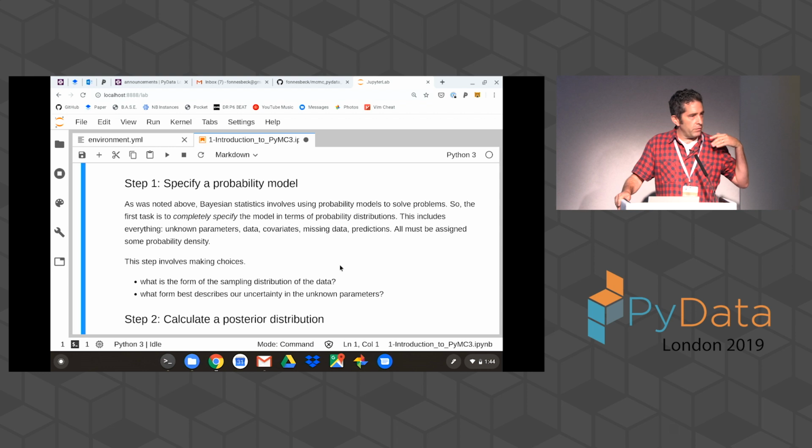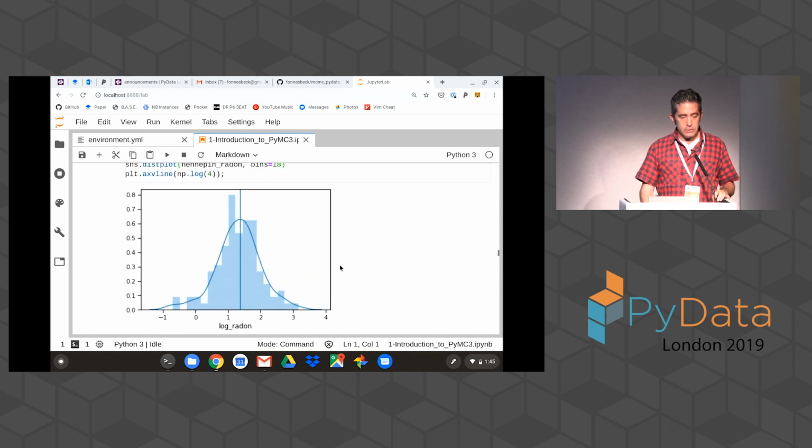And typically what that involves is throwing a probability distribution around everything that's observed or unknown, and then relating those to one another probabilistically. Okay, so you're making some choices about which sampling distribution the data have, right? So I already hinted at that here, right? This looks sort of normally distributed, so I might use a normal likelihood.